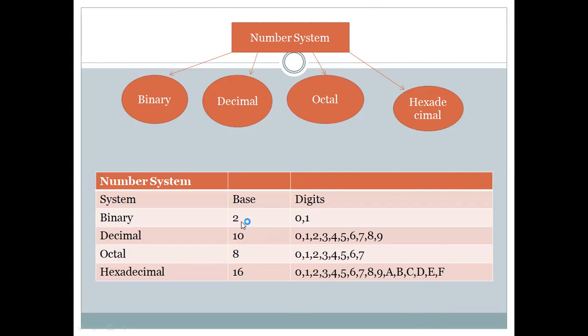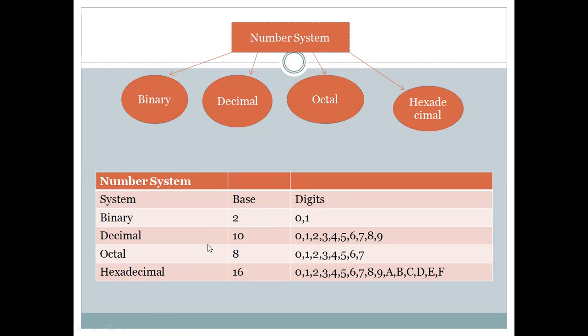If we have base 2, that means only two values are possible in this binary system. The maximum digit possible in a system is r minus 1, that means the base minus 1. The base is 2, so 2 minus 1 is the maximum digit of this system.